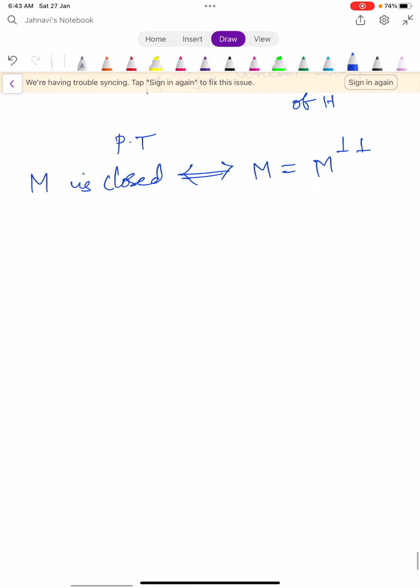So in the first part, suppose M is closed. Closed means it is a closed subspace of the Hilbert space.